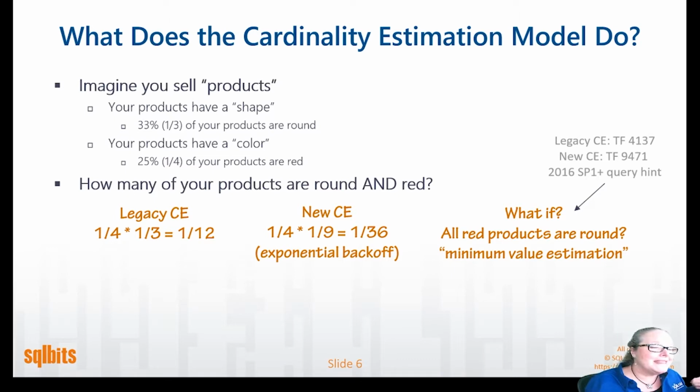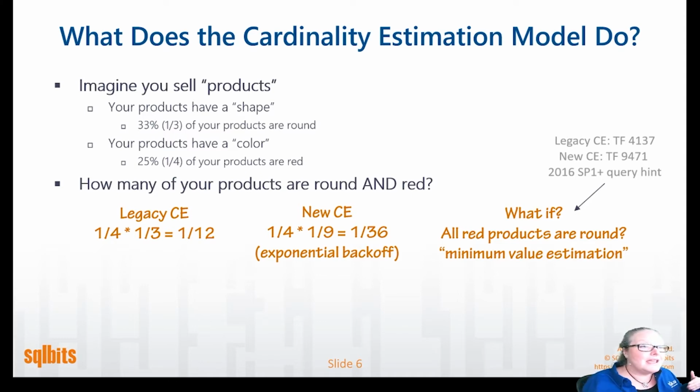My point that I love is that there's always a way to kind of get what it is that you want to be the estimation. And I wouldn't argue that everybody's going to know their data distribution this well all the time. I just like this example because it gives you insight into the fact that the legacy CE and the new CE are different. Okay, and even though the new CE might be better across a wider variety of the different sample databases, it may or may not be good for your data.